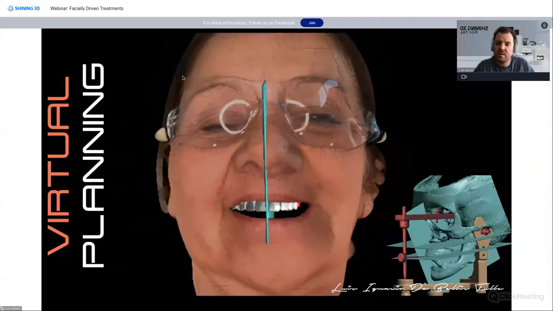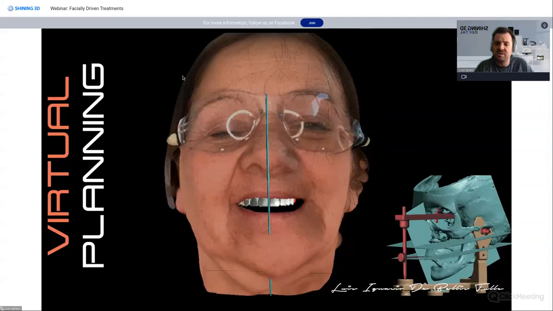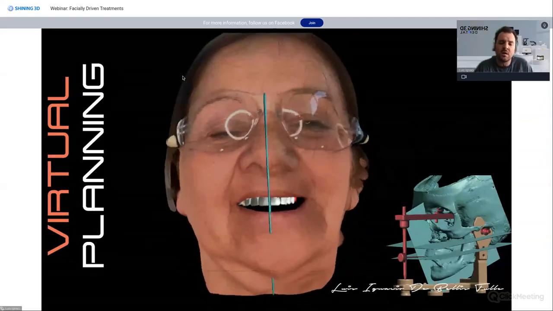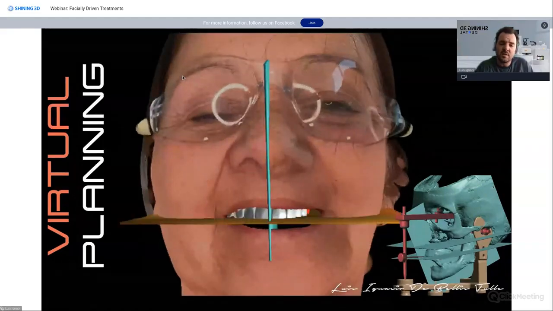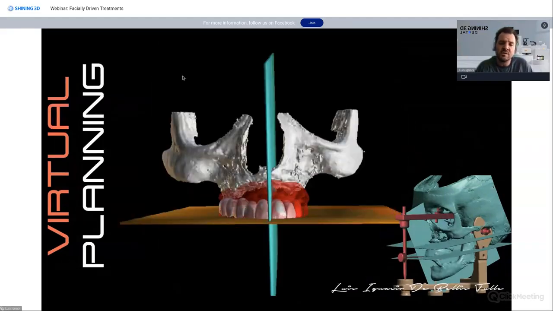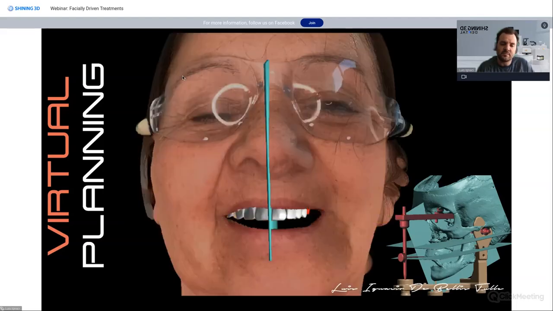In this case, it was a very, very difficult patient. This lady had an accident when she was 5 years old, and the left part of her face stopped growing. So she has a big difference between the left side and right side.